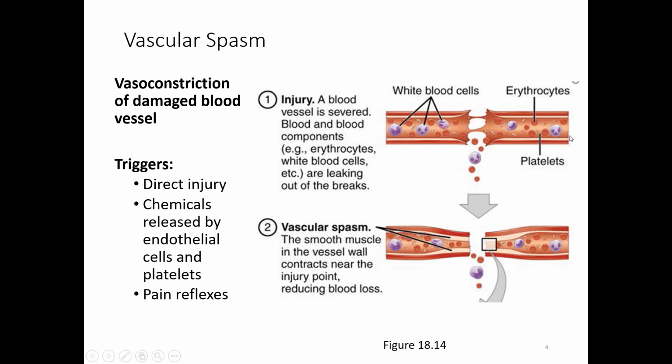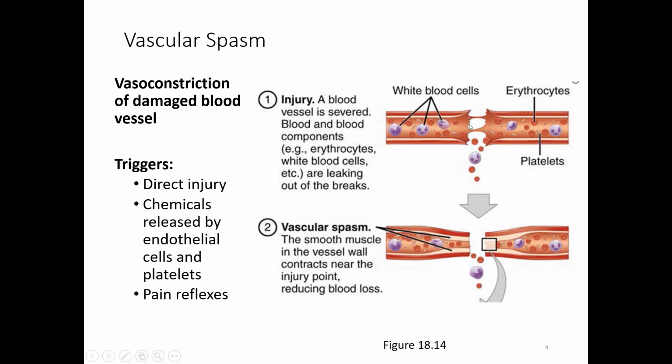The first one is vascular spasm. Here is your blood vessel. It's a small one that was injured, most likely ruptured right here, and it's bleeding. The blood is going out of it. Both red and white blood cells and blood plasma are leaking out.